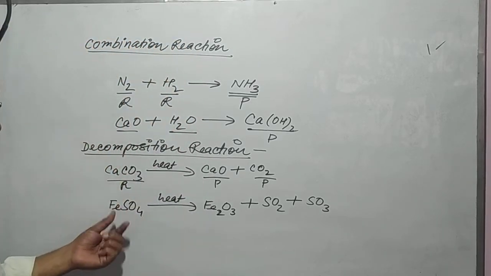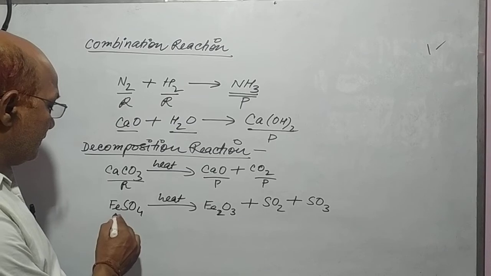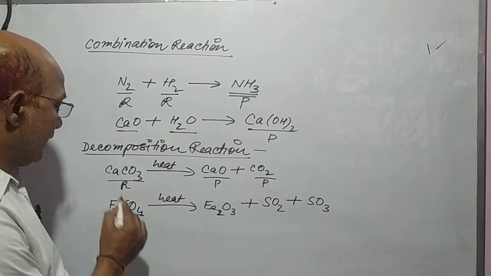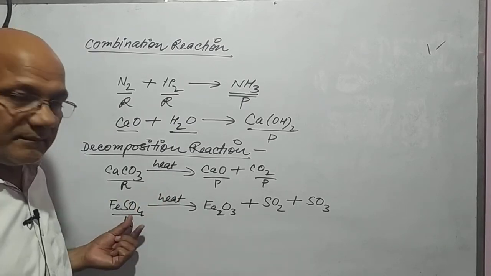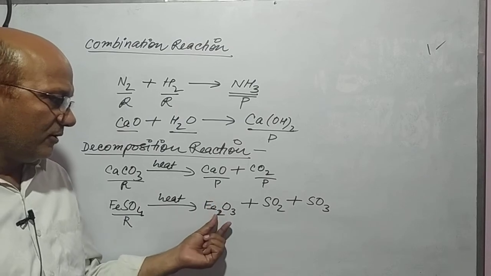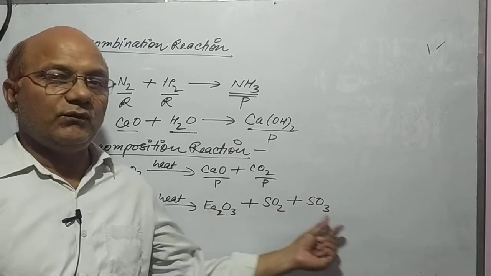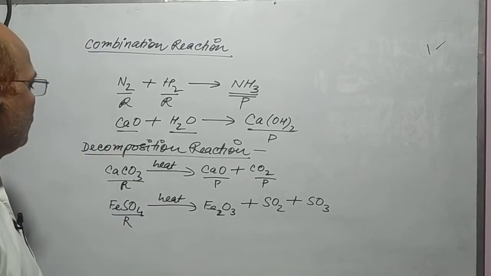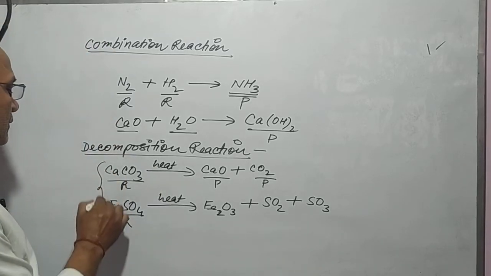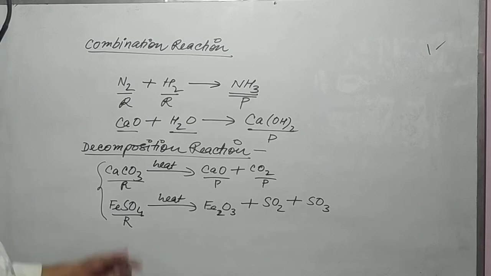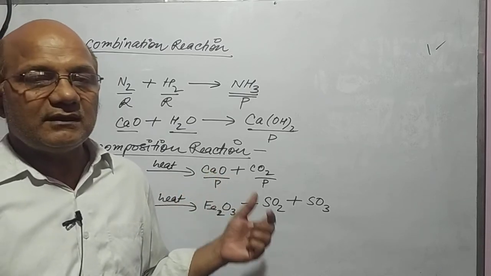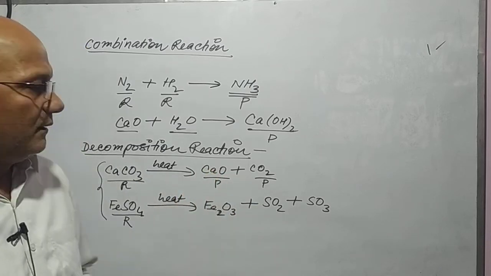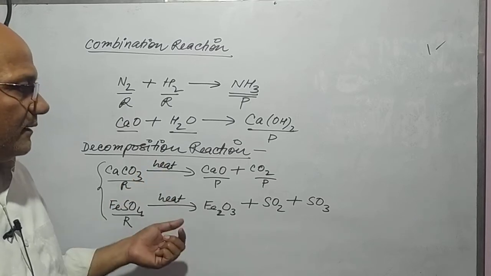So, now again you can see there is a single reactant, or you can say there is a single substance and it breaks into two or more products or two or more substances. So, this is decomposition reaction, and actually these decompositions are due to the presence of heat.